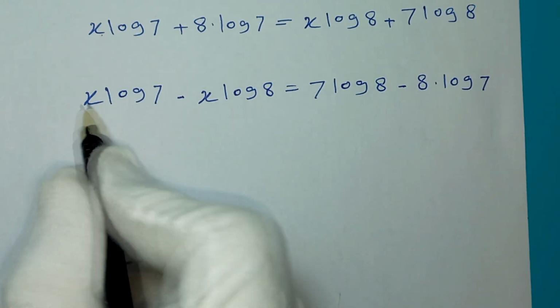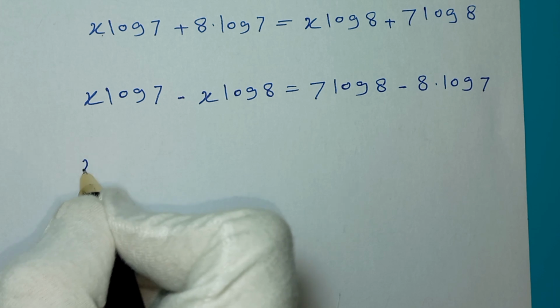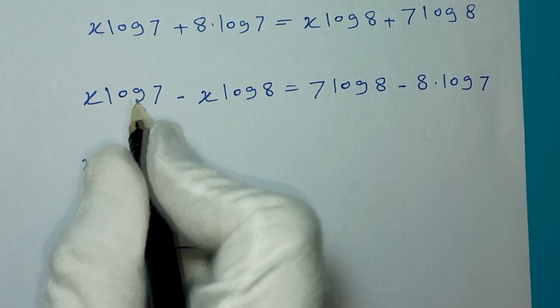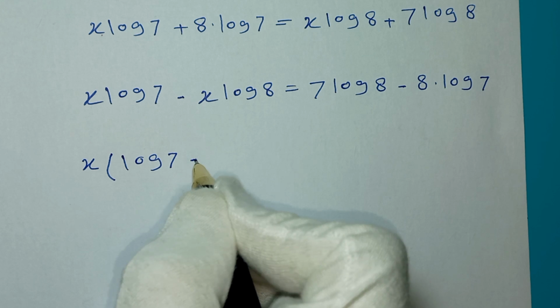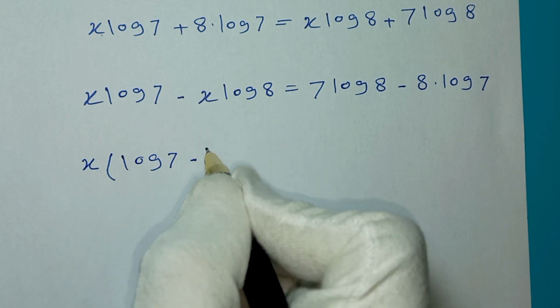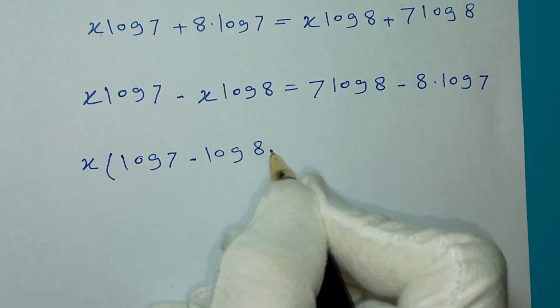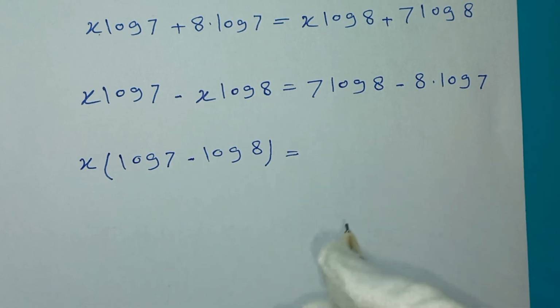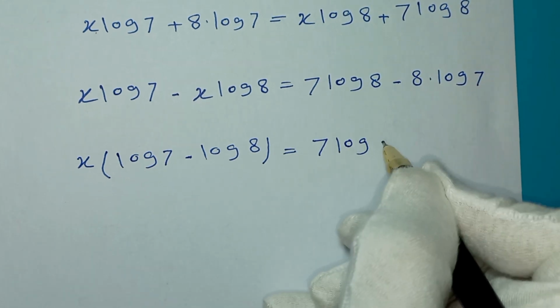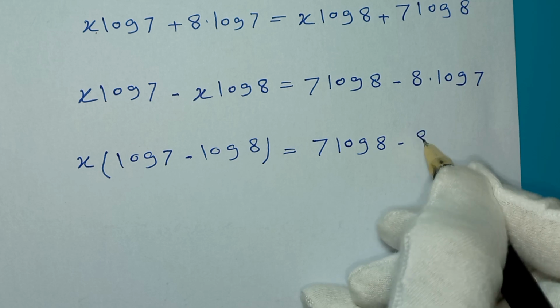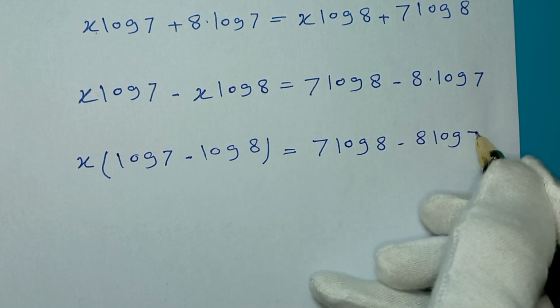And here x is common, so we can factor out x, and it will be x times log of 7 minus log of 8 is equal to 7 log of 8 minus 8 log of 7.